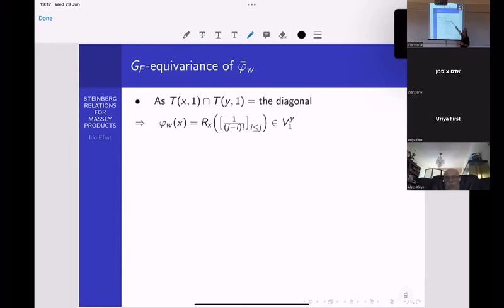So this matrix, you make it 0 outside T^X_1. If you are in T^Y_1 and not in T^X_1, this exactly means that you are in the first group of the filtration corresponding to 1. In the same way, phi_W of y is in V^X_1.